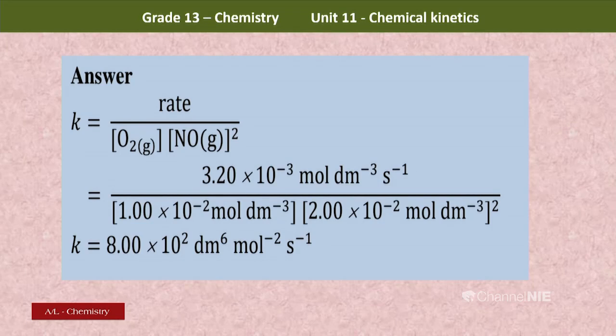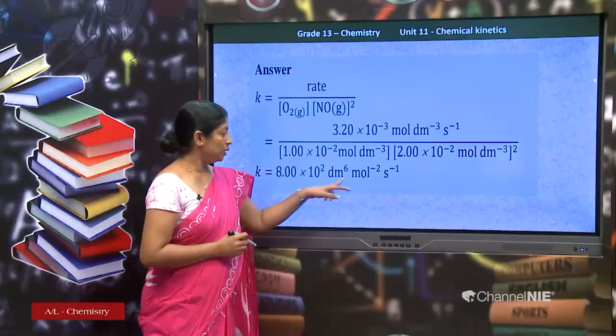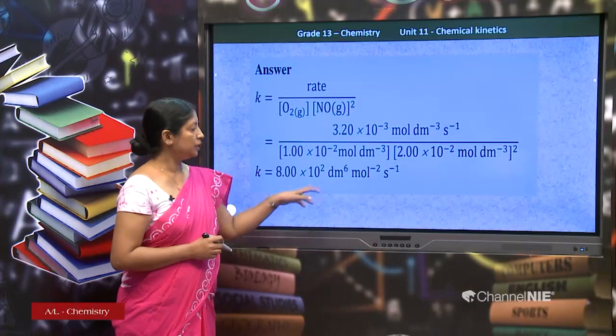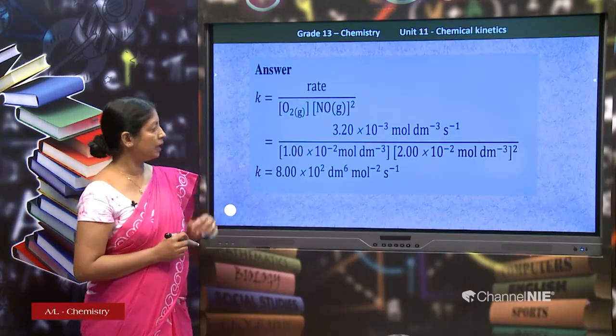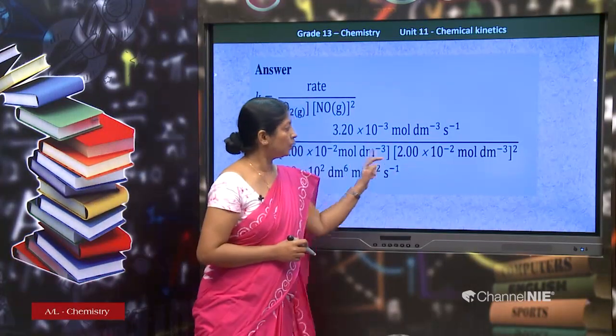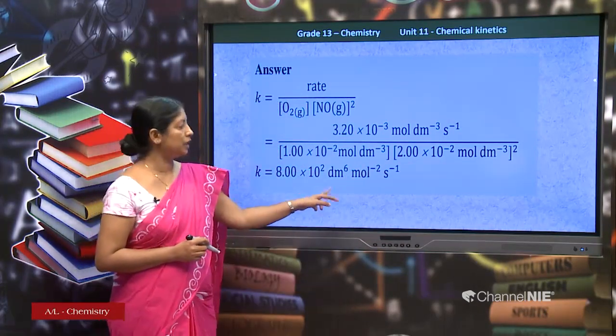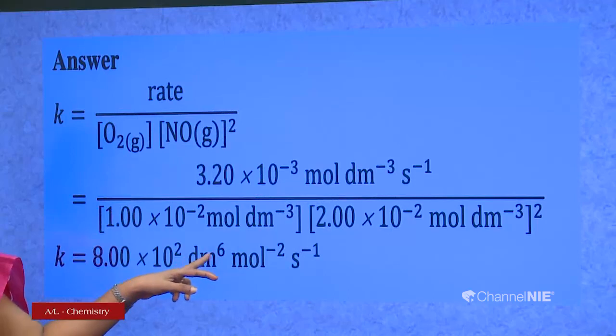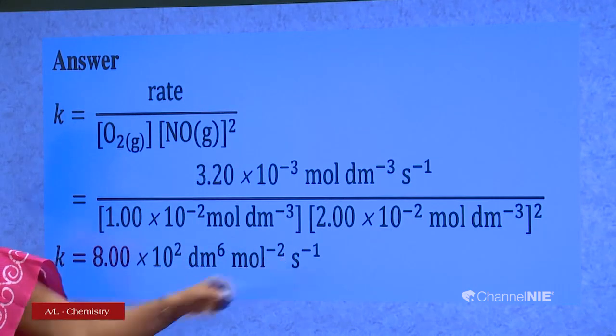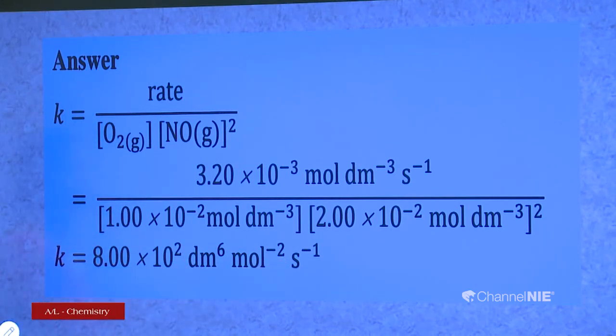You get extra marks for the units, then simplify. Here we have altogether 3 terms of concentration. Once you simplify, the unit is per mole decimeter cube power 6 and per second. You will end up with a different unit.